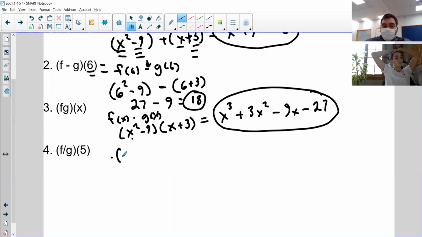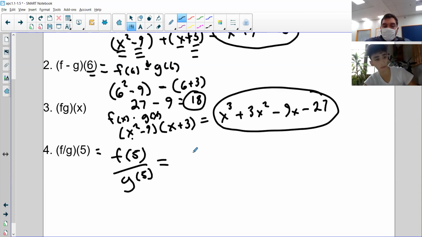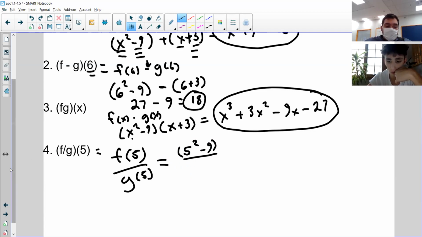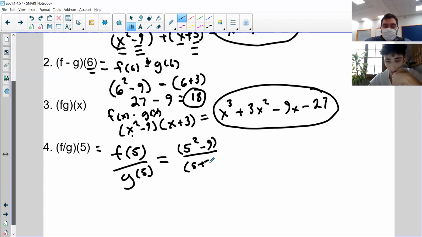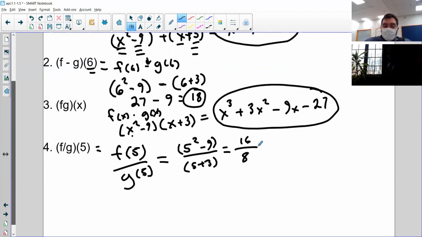And then the last one here. This is the same thing as f of 5 divided by g of 5. Every instance of x becomes 5. So 5 squared minus 9 over 5 plus 3. 25 minus 9 is 16, over 8. Reduce that: 2.